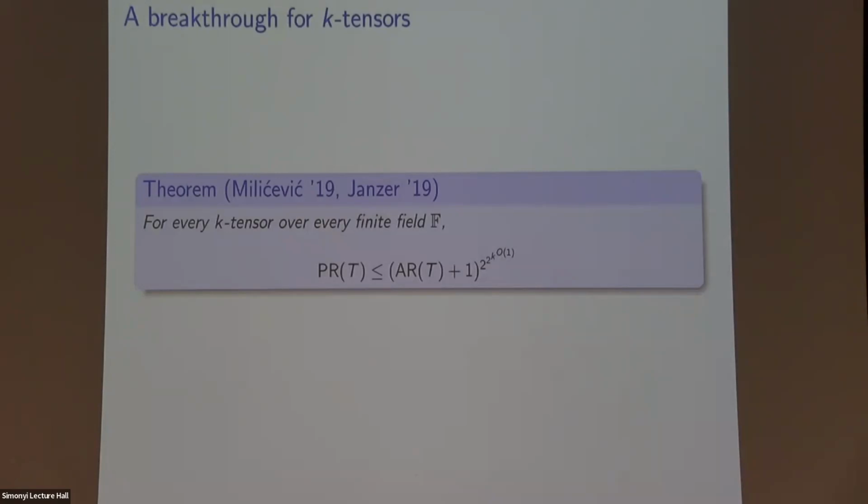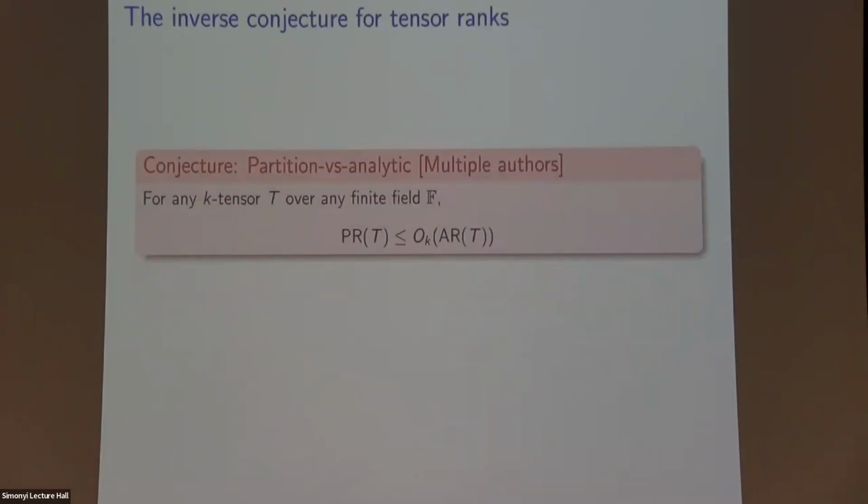But multiple authors have wondered whether maybe structure and randomness are the same up to an absolute constant. Maybe it's actually the case that partition rank, well, we know that partition rank is always at least analytic rank. Maybe it's always bounded by some constant times analytic rank. So they're the same quantity up to an absolute constant, or a constant that depends only on k. It's a very bold conjecture.